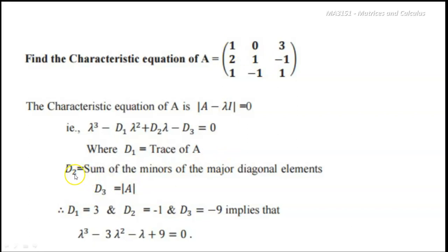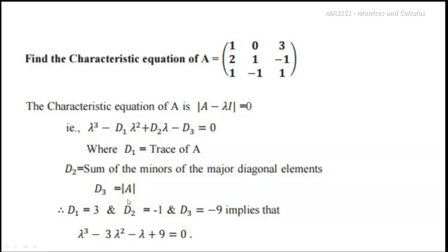The formula consists of the minors of the major diagonal elements. How many elements in diagonals? There are 3. So for these 3 diagonal elements, try to find minors, then you have to add them. So that we will get the coefficient D2. Then D3 formula, determinant of A. We all know how to take determinant.